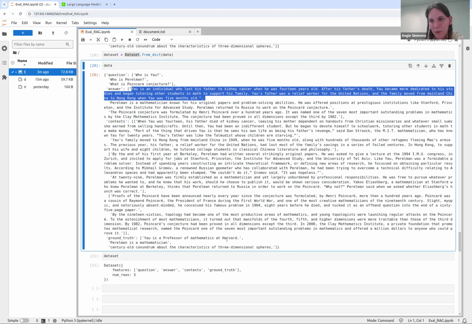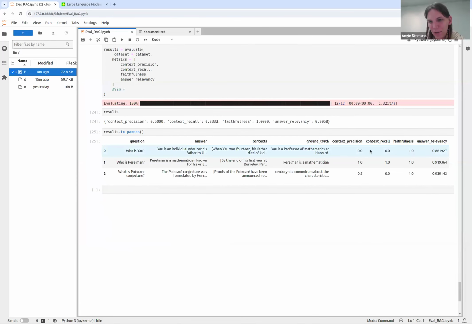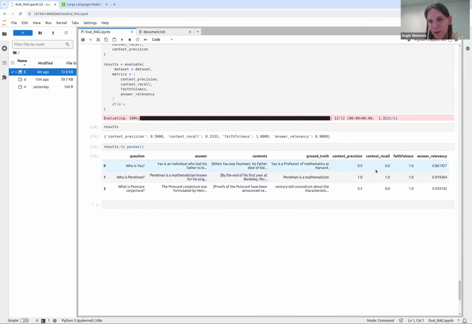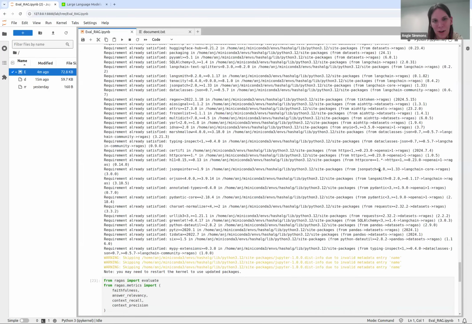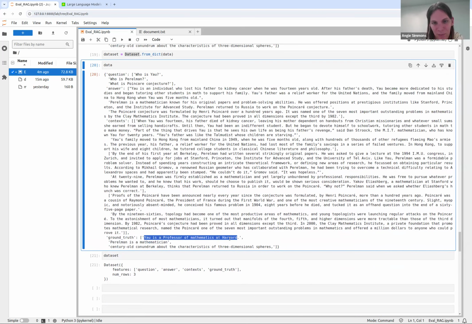So I think that's why when we scored it, we saw 0 context precision and recall, which just means that none of the ground truth we wanted, the fact that he was a professor of mathematics at Harvard, appeared in the context.